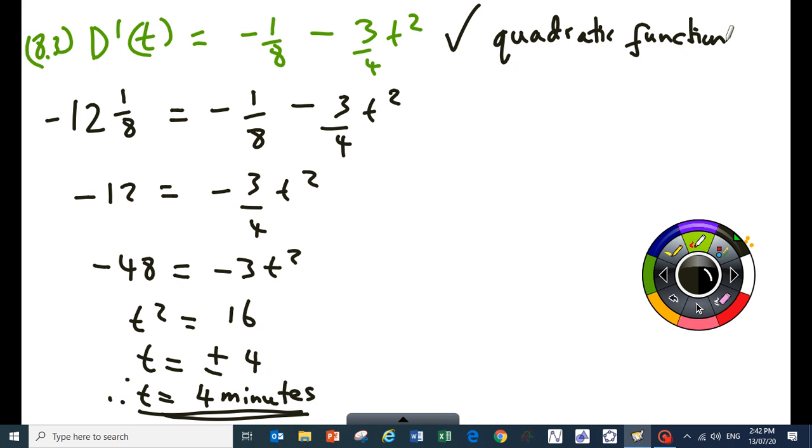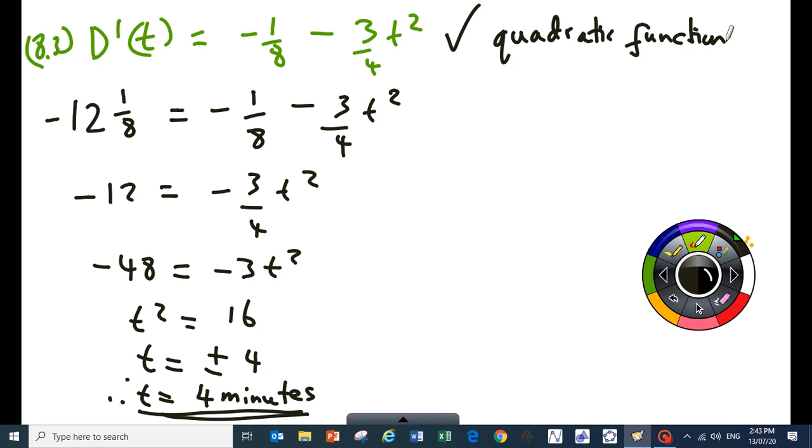Sir, I did a question on this, and for a similar question, when they ask for time, in the memo they use the second derivative instead of the first derivative, and I'm confused as to why they did that. You have to understand that it depends on the context of the question.